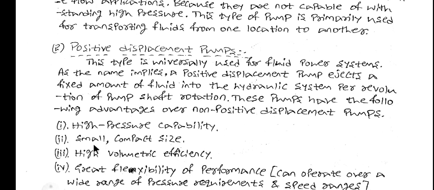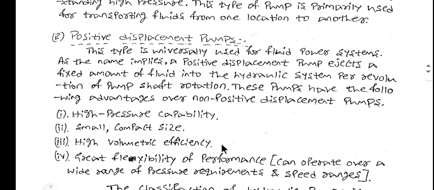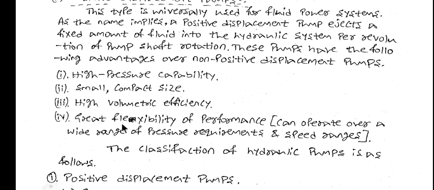Positive displacements are small and in compact size, and it has a high volumetric efficiency. How you are going to calculate the efficiency? It is output to input, and they have great flexibility of performance, can operate over a wide range of pressure and speed.